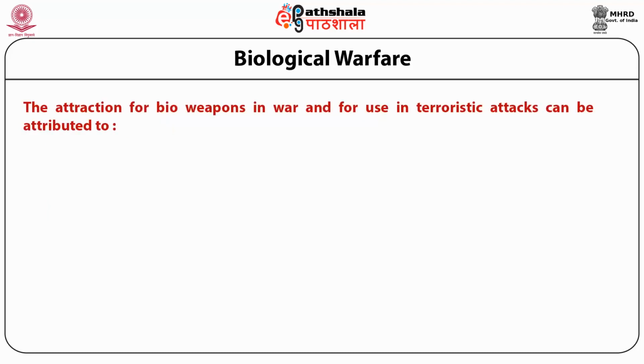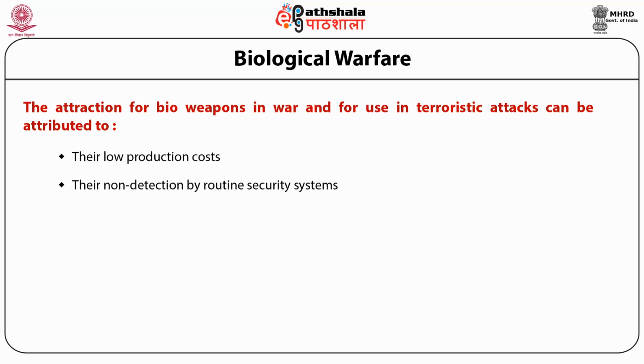What is the attraction for biological warfare? Why is biological warfare considered to be better than chemical warfare, and why is it used for terrorist attacks? The reason being, biological warfare has a very low production cost. It is not detected by routine security systems.